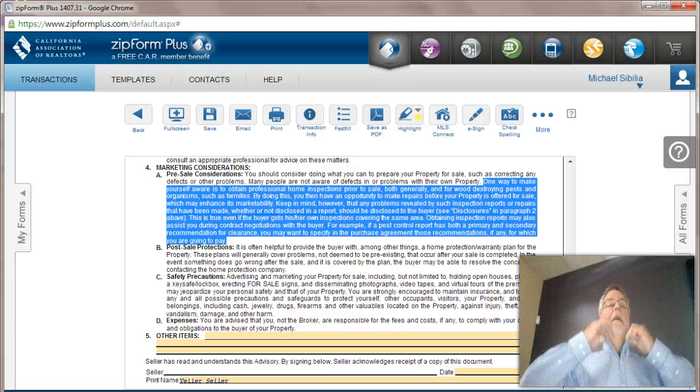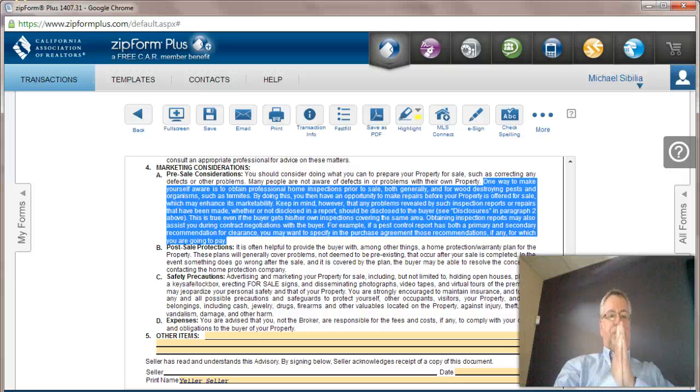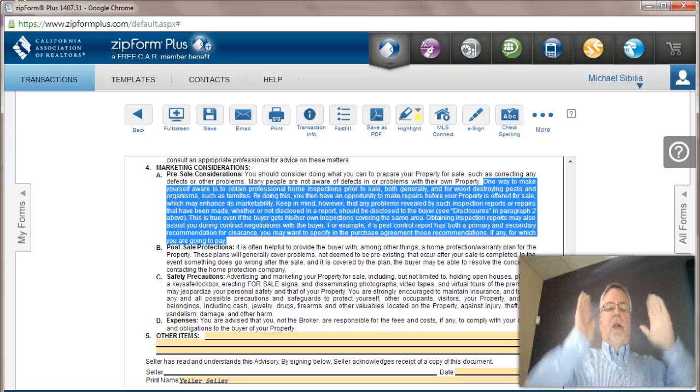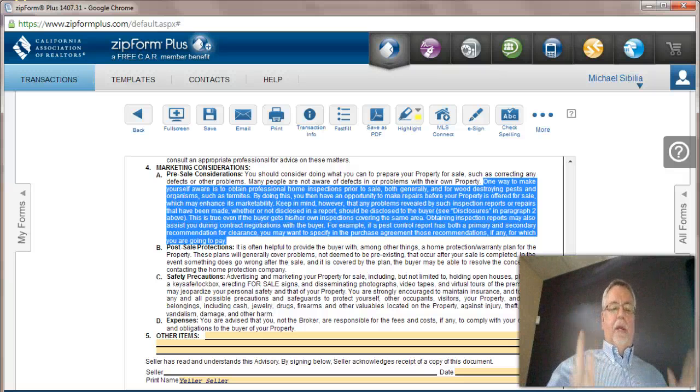I would say to them, if we get all the inspections and reports and disclosures done in advance, and we provide it to the buyer in advance of them making an offer and get a receipt from the buyer with the offer, then the buyer cannot back out based upon what's contained in those reports.